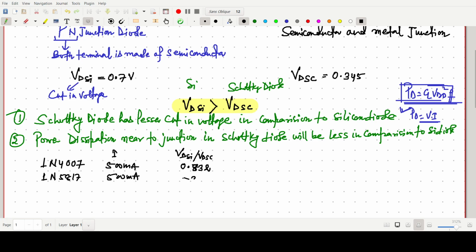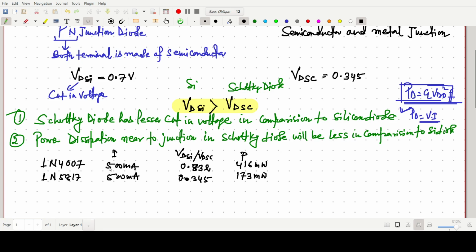This one is 0.345. And the corresponding power dissipation will be 416 milliwatt, and here it is very much less.